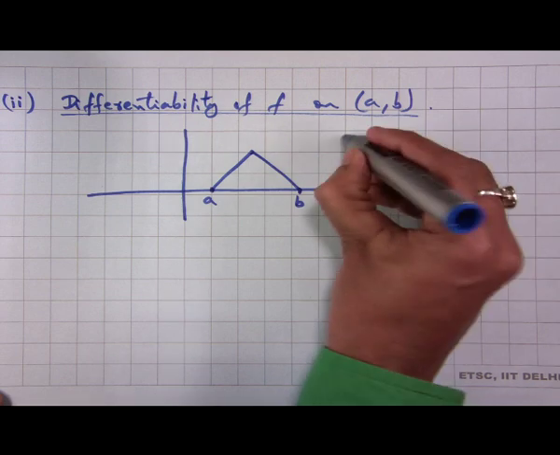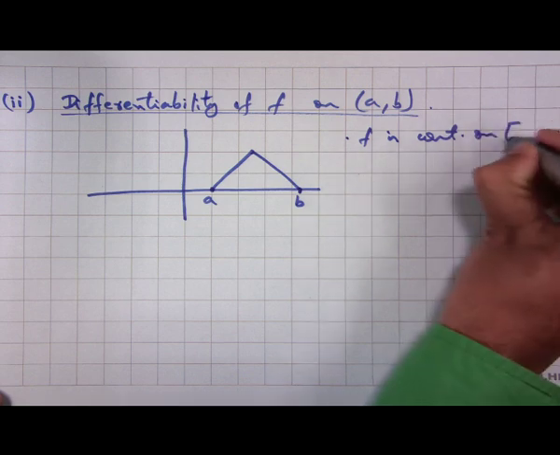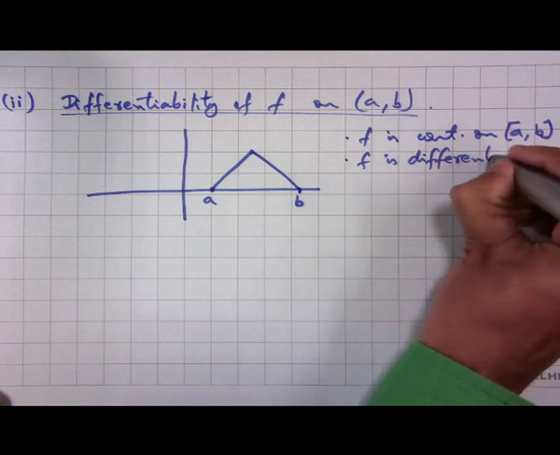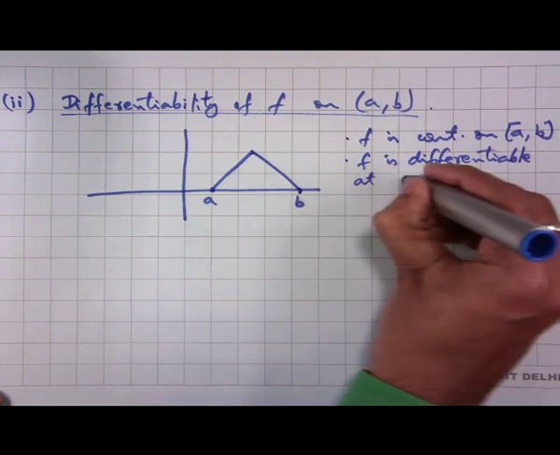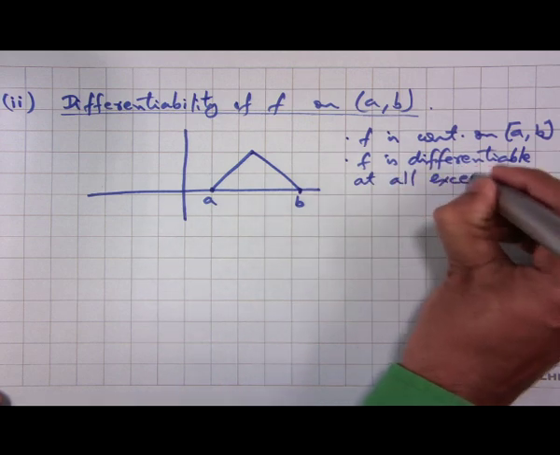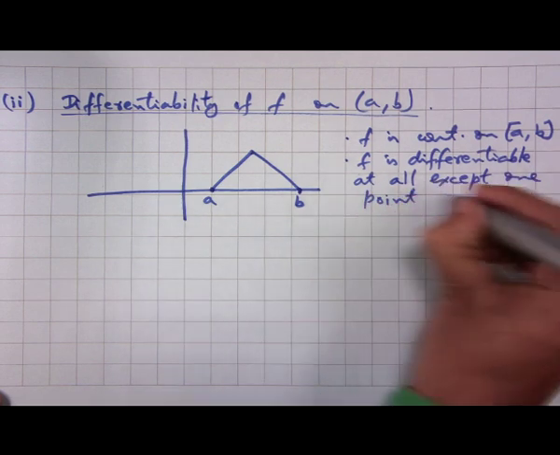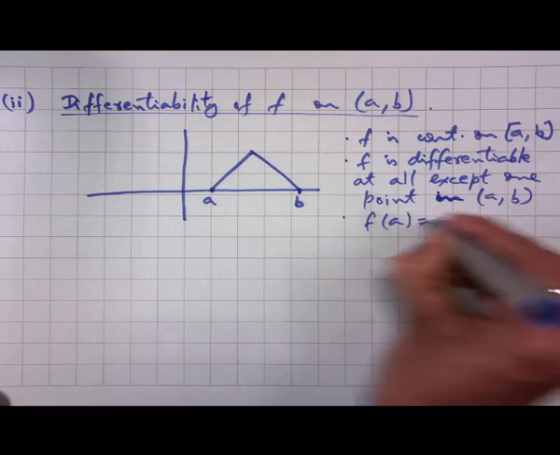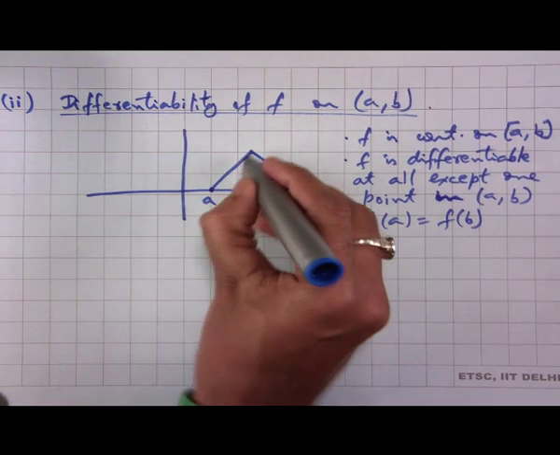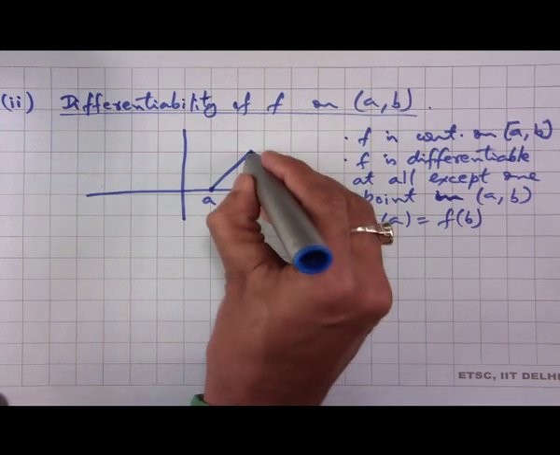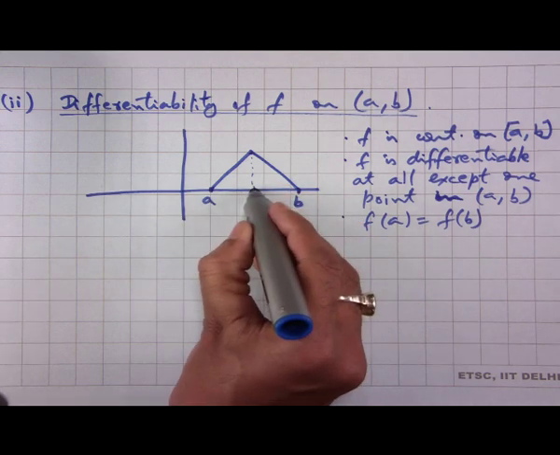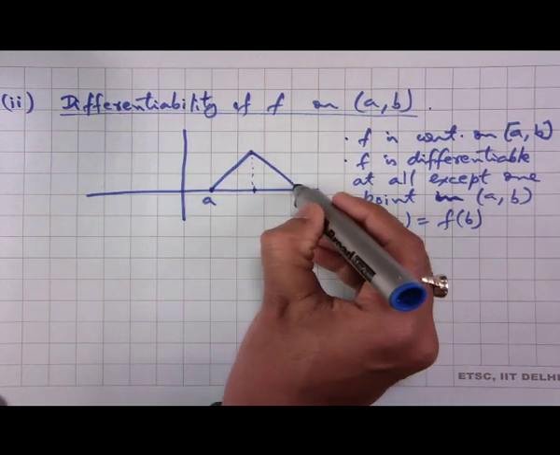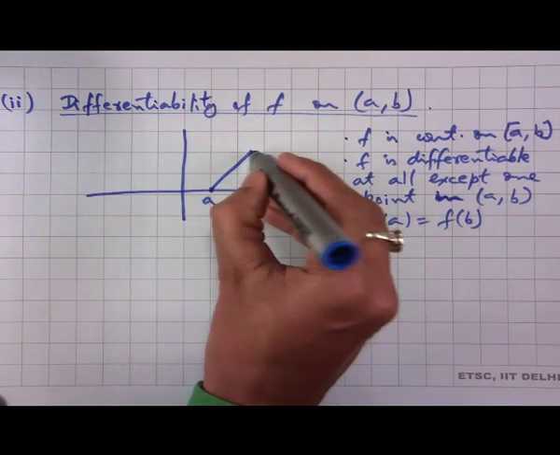This function f is continuous on [A, B], f is differentiable at all except one point in the open interval (A, B), and f of A is equal to f of B. For any point to the left of this point, the derivative is constant positive 1, and for any point greater than this, the derivative is negative 1, but at this point the derivative is not defined.